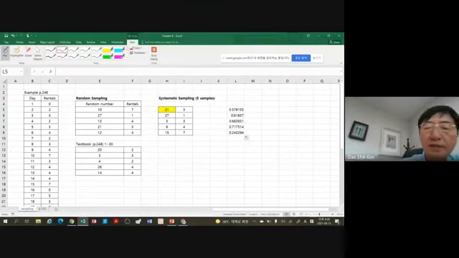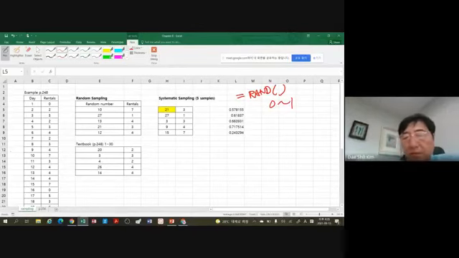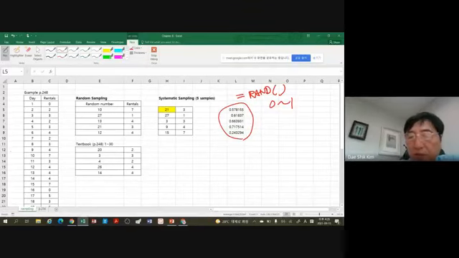You need to understand RAND. RAND generates numbers randomly between 0 and 1. It is a continuous probability between 0 and 1.